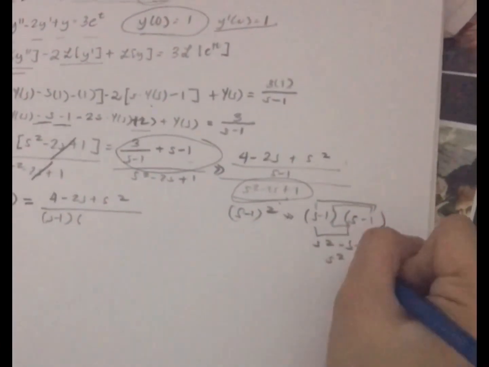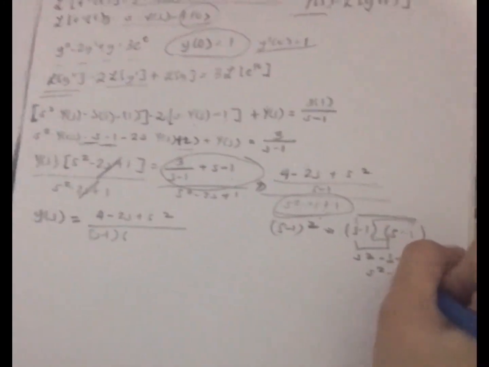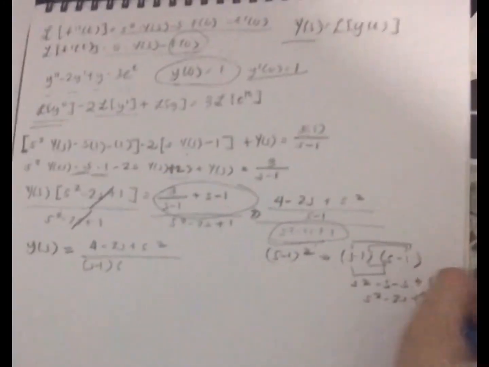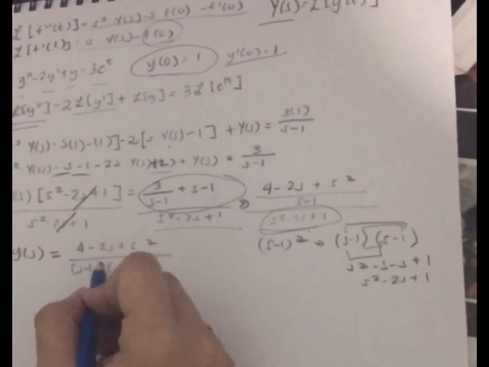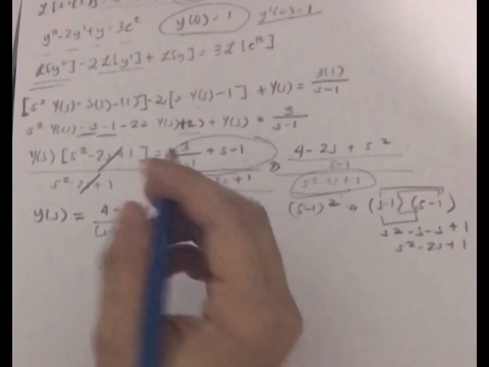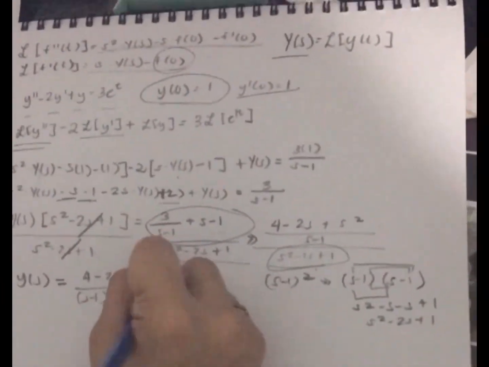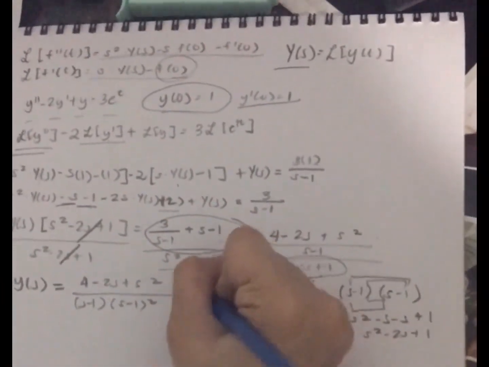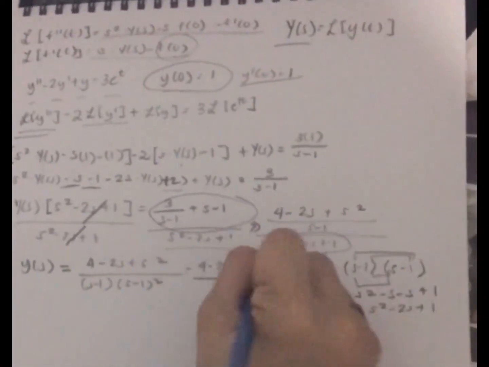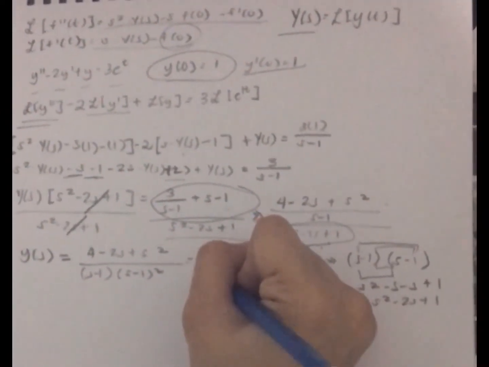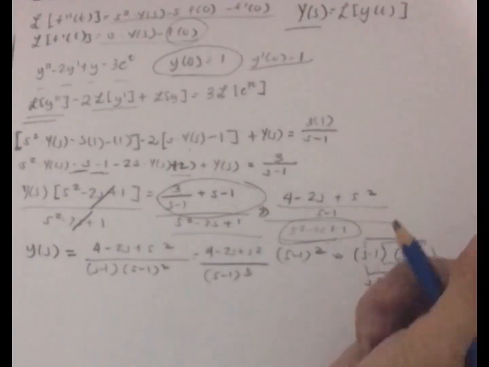So s squared, combining like terms, we will arrive with s squared minus 2s plus 1. So we could also rewrite this with s minus 1 squared, or 4 minus 2s plus s squared over s minus 1 cubed.